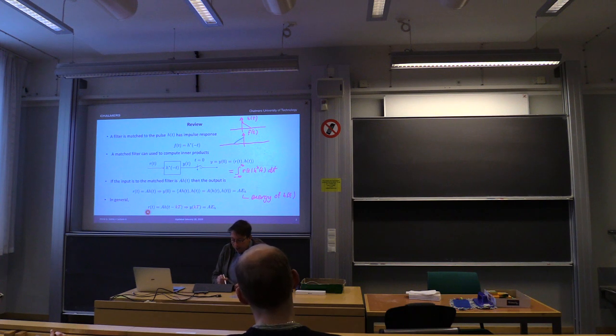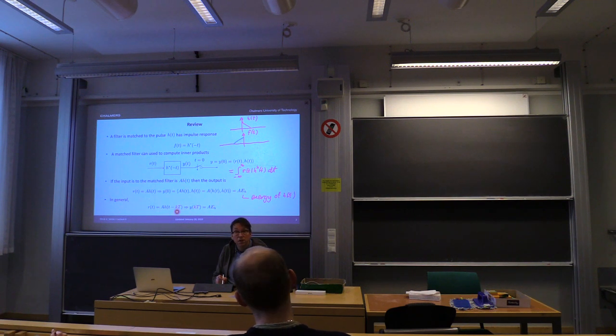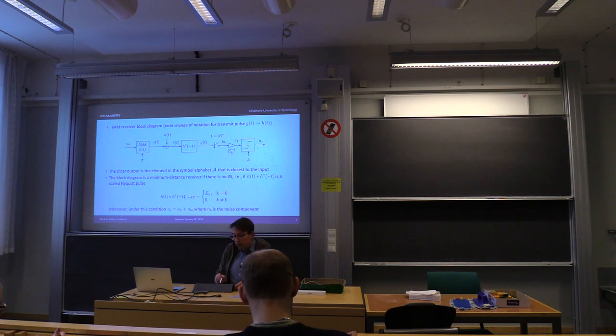Okay, and this can then be generalized as follows. So if the received signal is a times h delayed by k times capital T seconds, then the output sampled at k times capital T is again a, the amplitude which was carried by the pulse, times the energy of the pulse.